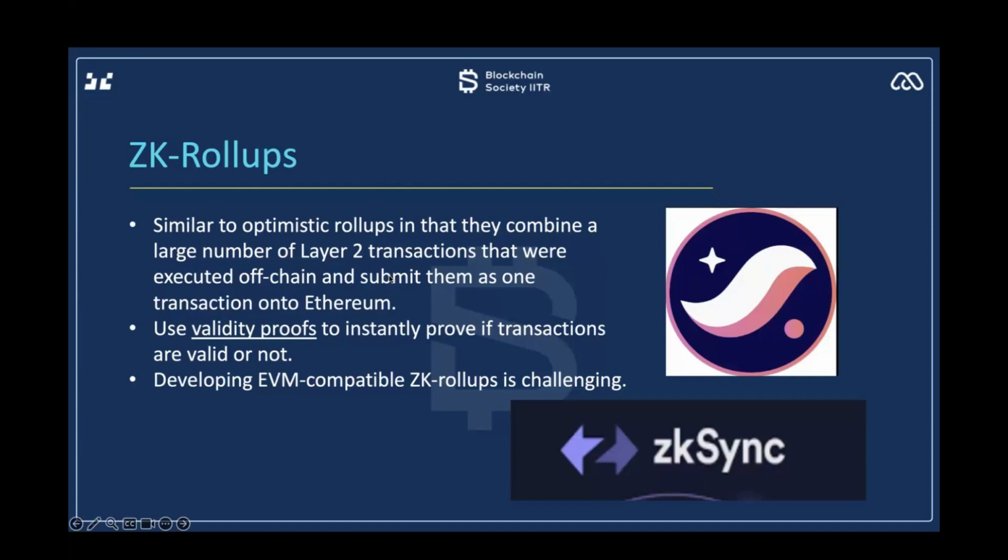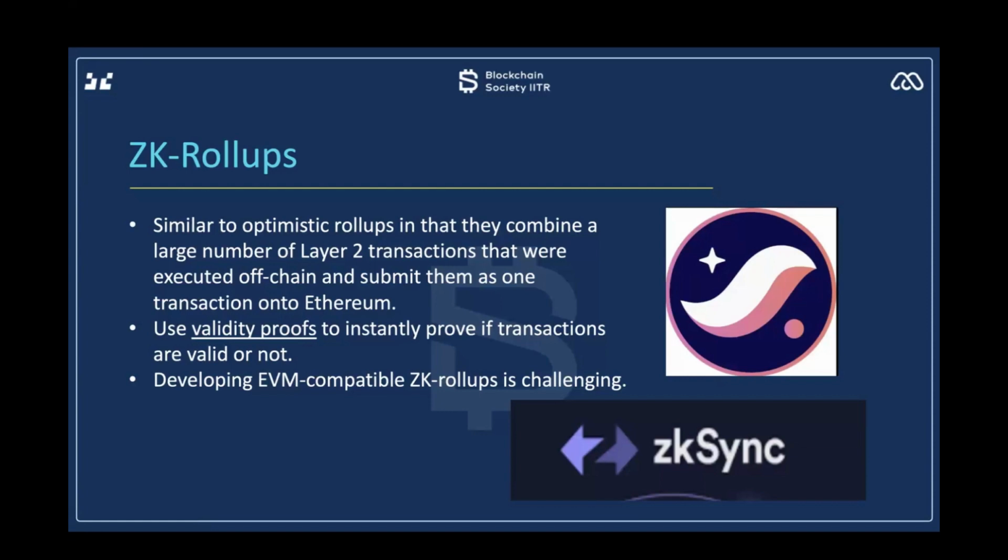They combine a large number of layer 2 transactions that were executed off-chain, and submit them as one transaction on Ethereum. Here we are using validity proofs instead of fraud proofs, and these validity proofs instantly prove whether transactions are valid or not. One thing that is problematic is that optimistic rollups are directly EVM compatible, because all the transactions happening are basically the same as those on the EVM.